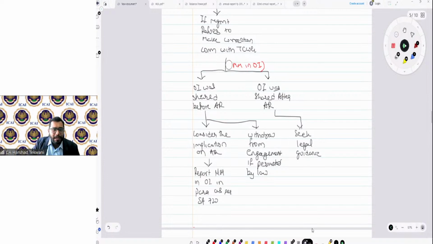The material misstatement in other information is still present. Then I need to think, what should I do now? In that case, I need to seek legal guidance. What are the legal options available to me, and how should I consider this matter?